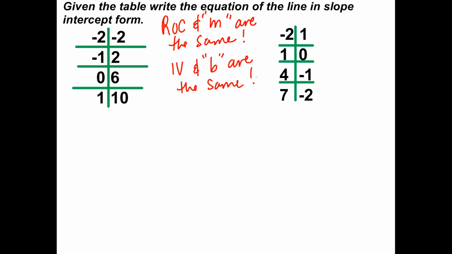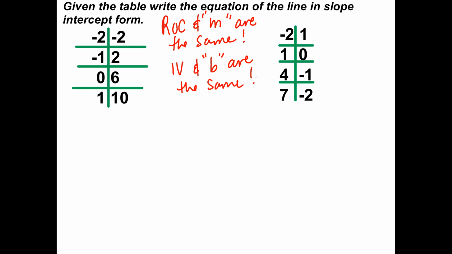So when we see a table and we're asked to write the equation of the line in slope-intercept form, we're looking for the rate of change, which is the slope. We're looking for the initial value, the starting value on the y-axis, which is the same thing as B, where the line crosses the y-axis. Both deal with where the line touches the y-axis. We know this.